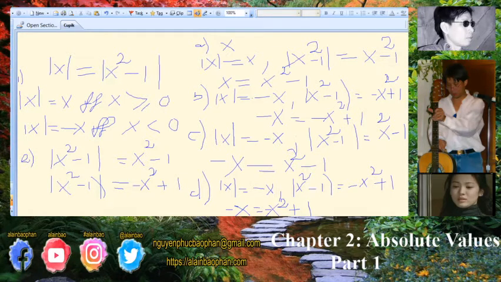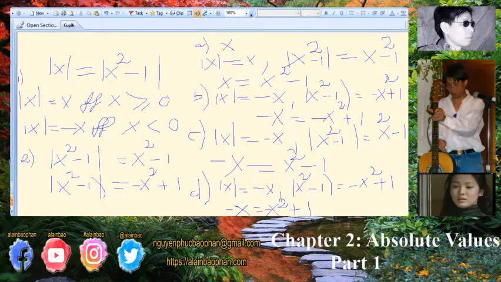And let's see, the first equation is x equal x squared minus 1. The second, number B, is x equal minus x squared plus 1. Then the third equation is minus x equal x squared minus 1. And the fourth equation is minus x equal minus x squared plus 1.